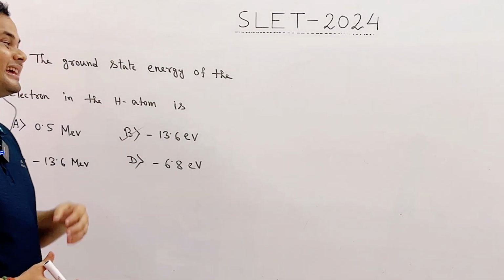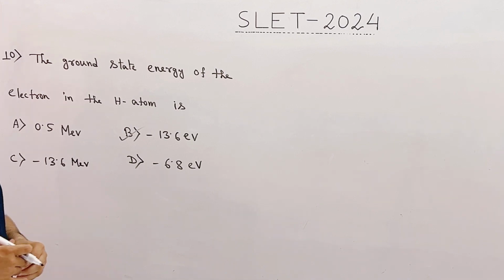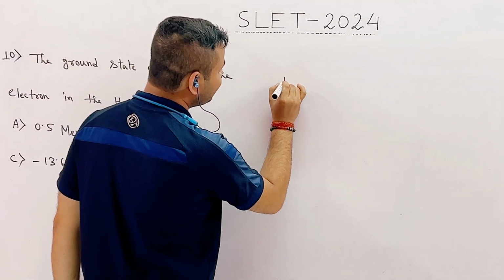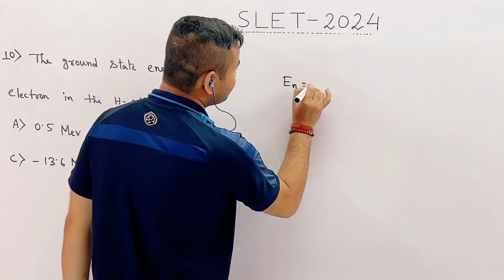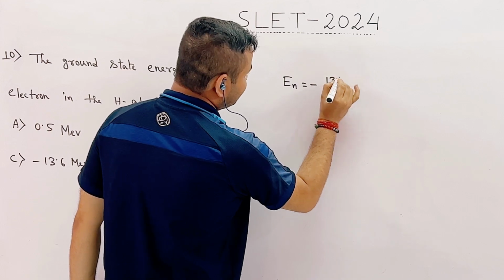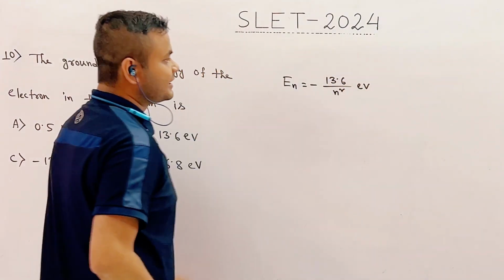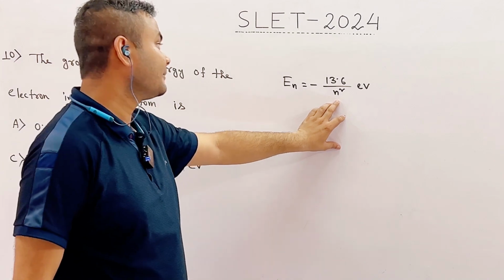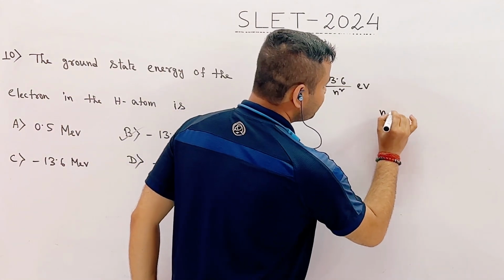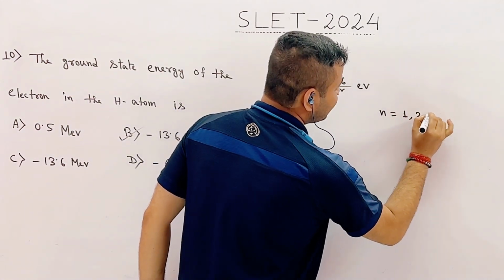Students, we know that the energy of the electron in hydrogen atom is given by En is equal to minus 13.6 divided by n square electron volt. Here n is the principal quantum number which can take values from 1 to infinity. Okay?